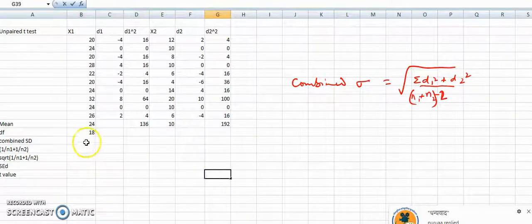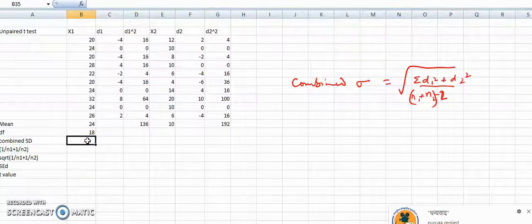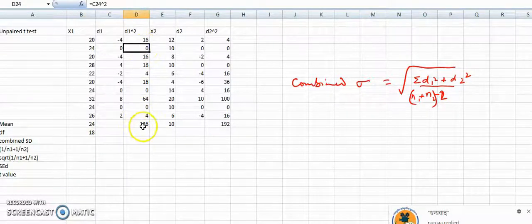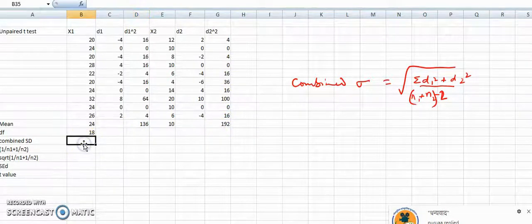So now let us find out the combined standard deviation. Let us calculate all these values separately. First, the numerator, that is the summation of the square of the deviation of the first group with that of the second group. That means it's equal to this plus this.